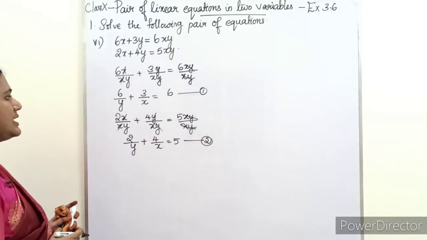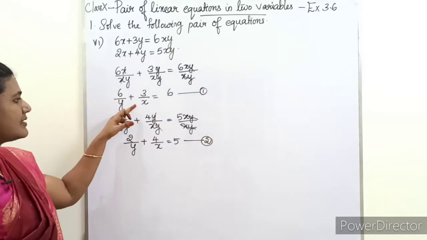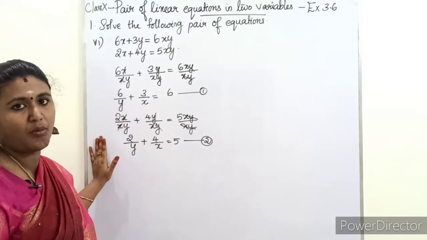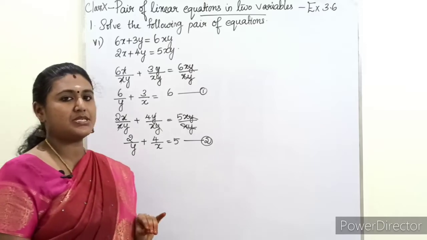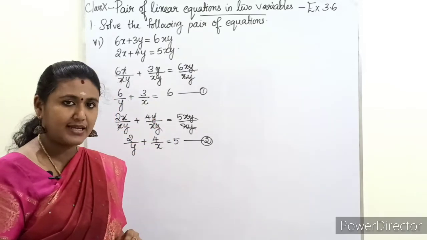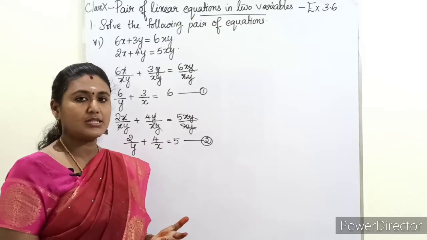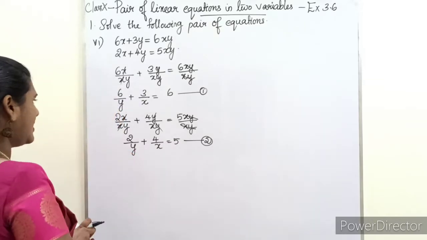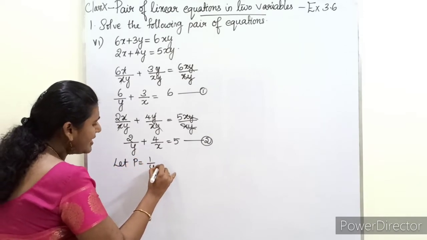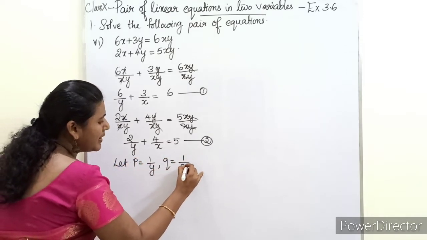Now again if you see, here the variables are in the denominator. So these two equations are not in standard form. So we have to do some substitution so that these two equations change into linear equations, and then you can solve using the algebraic method. So for that, let P is equal to 1 by y and Q is equal to 1 by x.